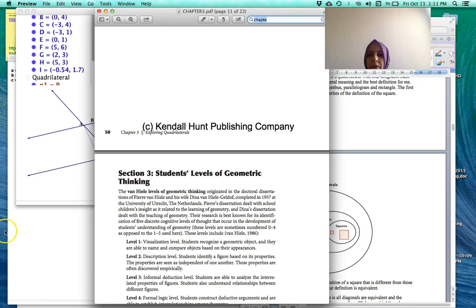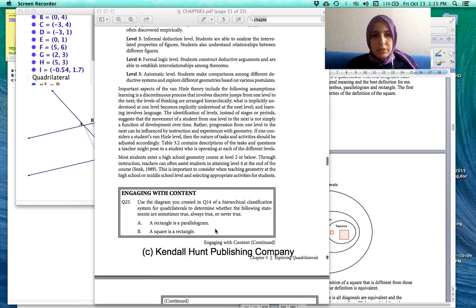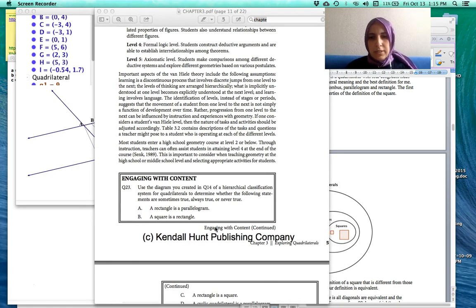Question 23. Okay, go to 23. It says, use the diagram you created in question 14 of a hierarchical classification system for quadrilaterals to determine whether the following statements are sometimes true, always true, or never true. A. A rectangle is a parallelogram. It's always true. B. A square is a rectangle.